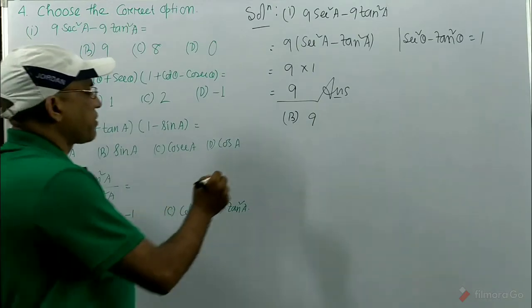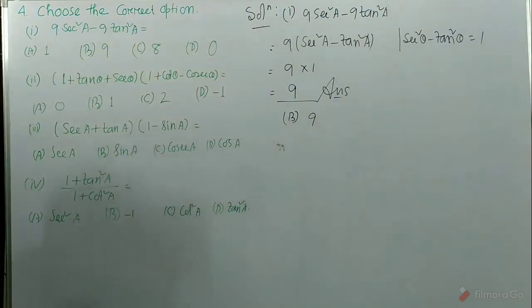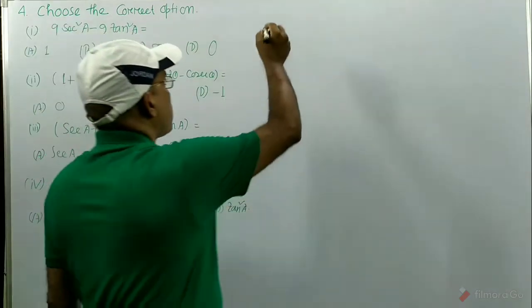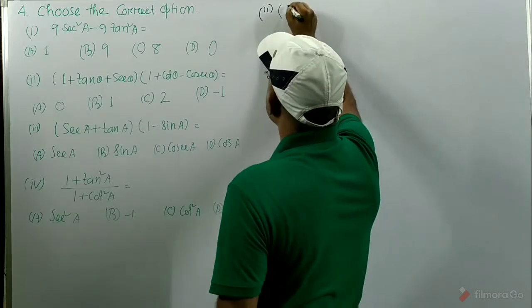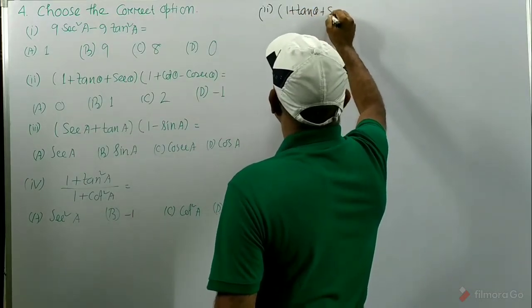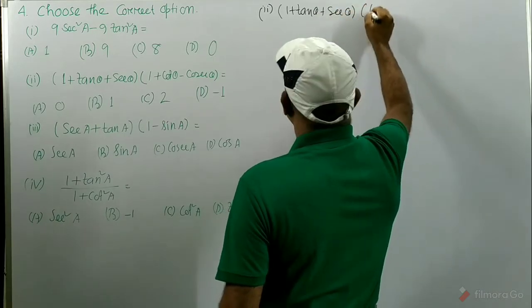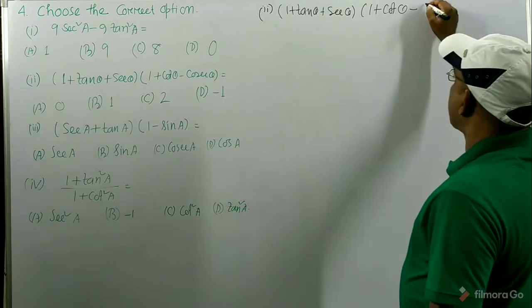Number 2 we consider: 1 plus tan theta plus sec theta into 1 plus cot theta minus cosec theta.